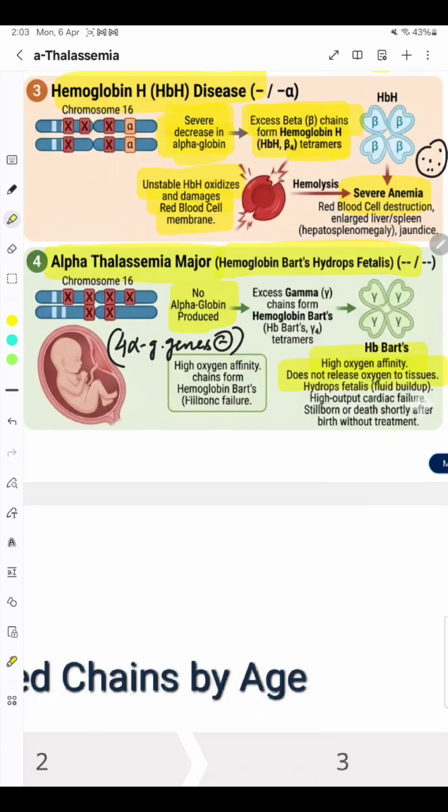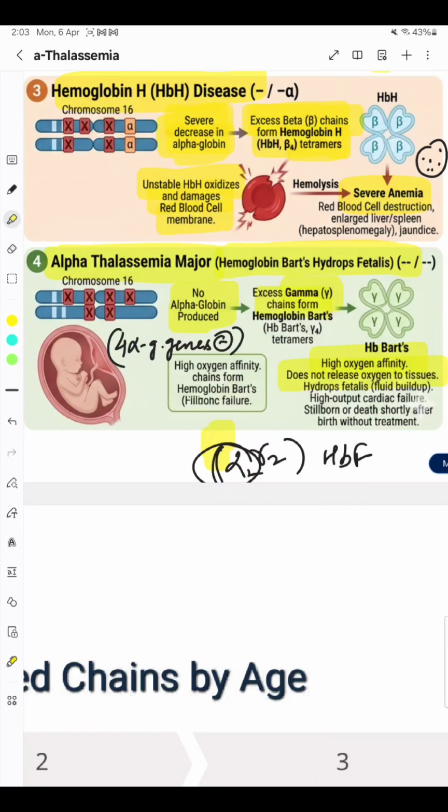So there are excess gamma chains, which form HbF, a fetal hemoglobin. As there is no alpha chain, there is formation of excess gamma tetramers.